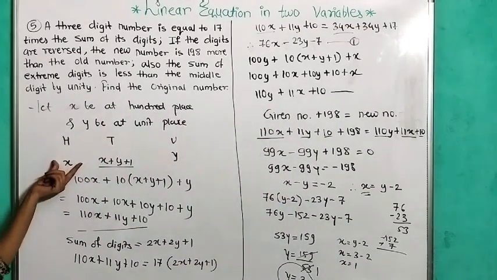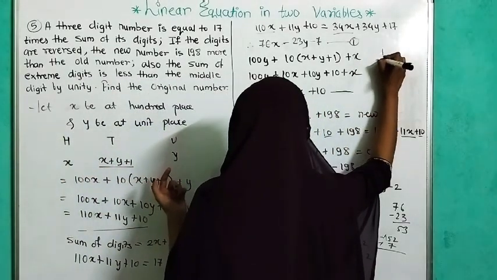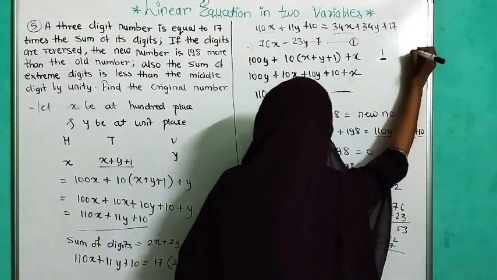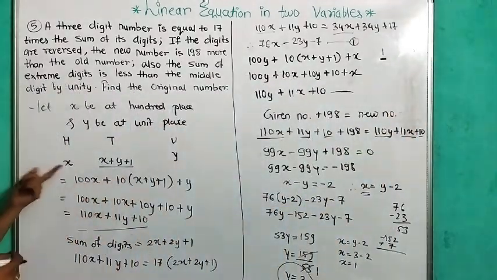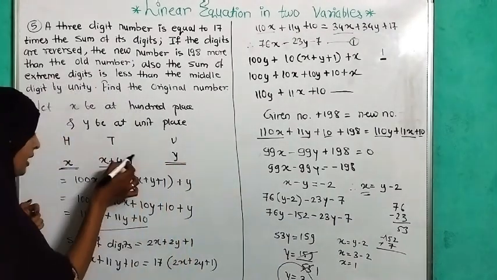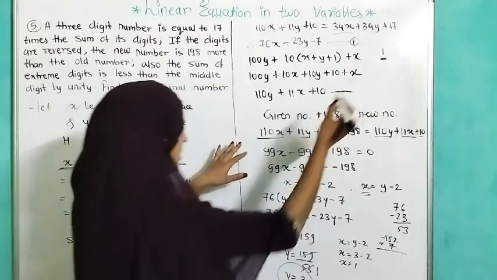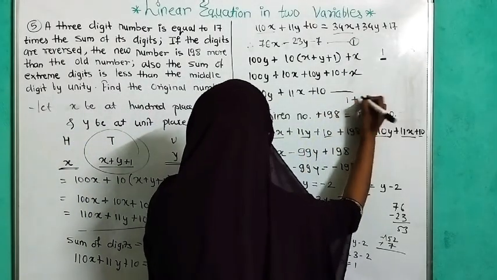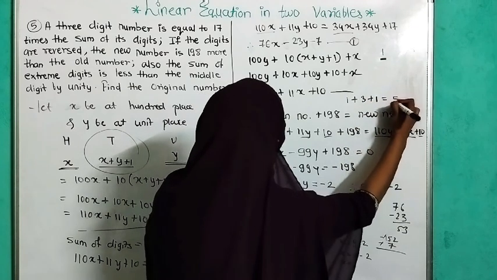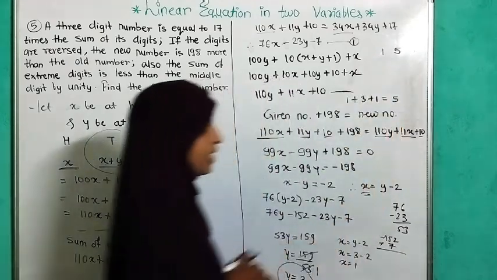At the position of 100, there is 1. At the unit place, it is 3. We have considered the 100 place as x, the unit place as y, and the 10th place as x plus y plus 1. So 1 plus 3 plus 1 is equal to 5. At the 10th position it is 5.